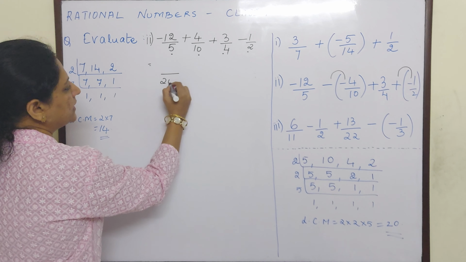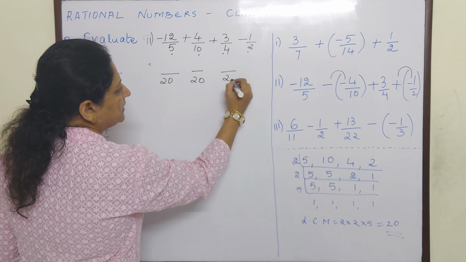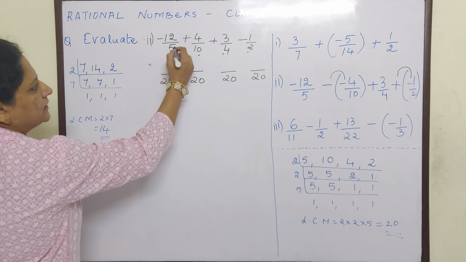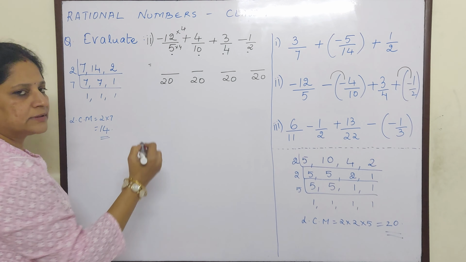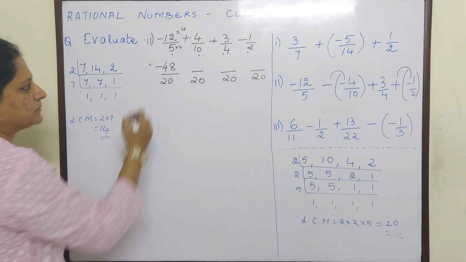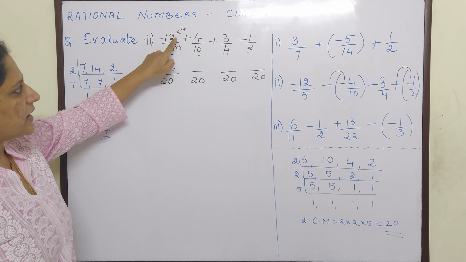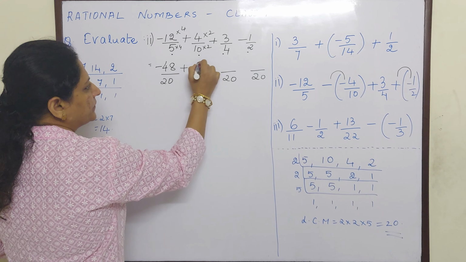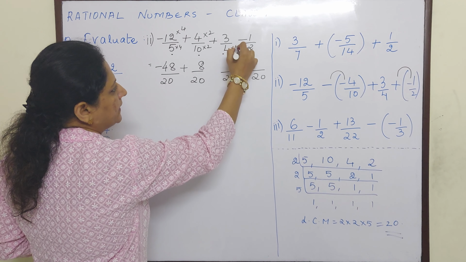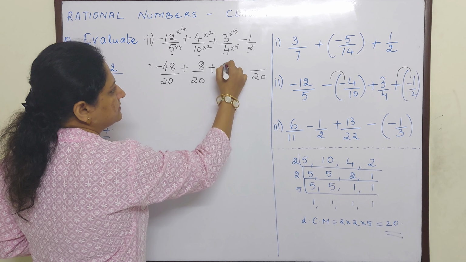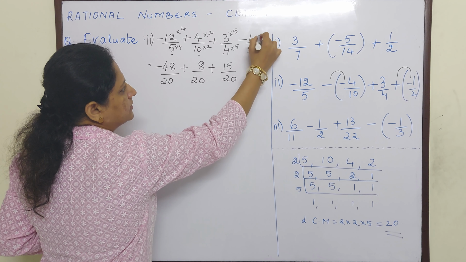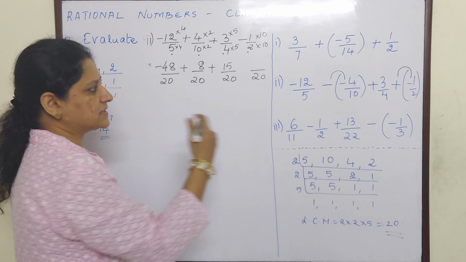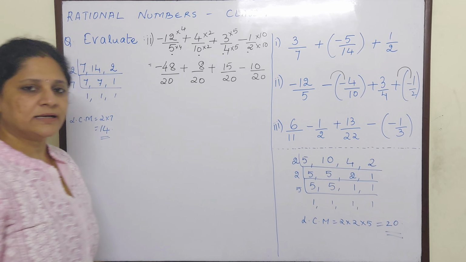So we have to convert each of these fractions to denominator 20. 5 fours are 20, so minus 12 into 4 is minus 48, because minus into plus is minus. 10 twos are 20, so 4 twos are 8. 4 fives are 20, so 3 fives are 15. And 2 tens are 20, so minus 1 into 10. You should multiply with the signs, so minus 1 into 10 is minus 10.